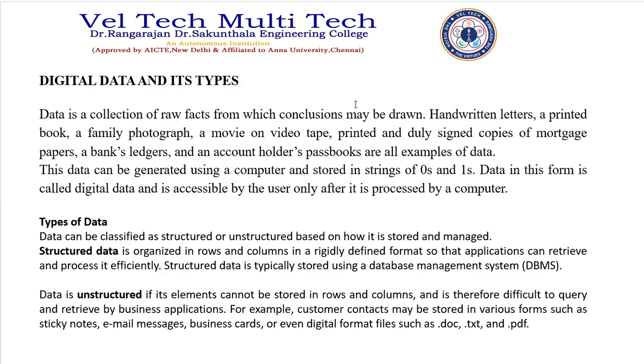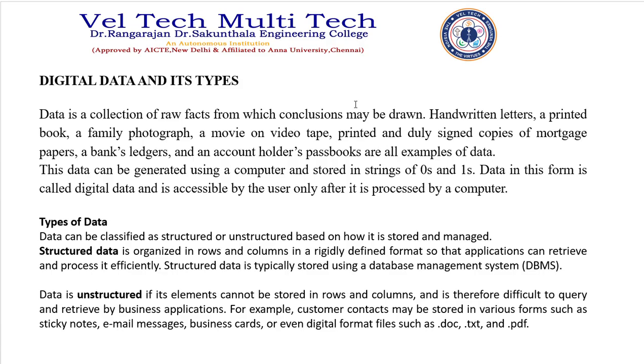So, what is digital data and its type? Data is a collection of raw facts from which conclusions may be drawn. That is, the raw fact data is processed and produces information. The raw facts may be handwritten letters, a printed book, a family photograph, a movie on videotape, printed and duly signed copies of mortgage papers, that is, bond papers, bank ledgers and account holders' passbooks. These are examples of data.